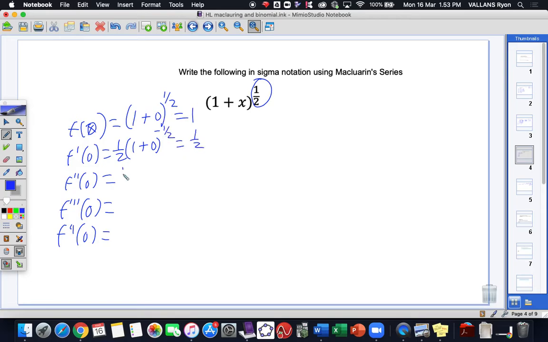This is going to be 1/2 times negative 1/2. I wrote that backwards, but you guys know, to the negative 3/2, which equals, and I'm going to write it this way, negative 1/2 times 1/2. The next one is negative times a negative, so positive, 1/2 times 1/2 times 3 over 2. The next one would be negative 1/2 times 1/2 times 3 over 2 times 5 over 2.